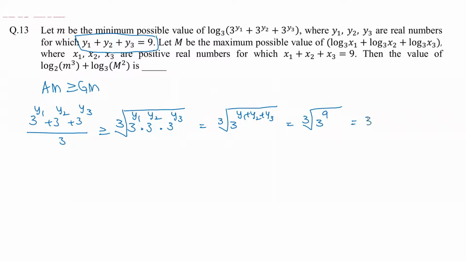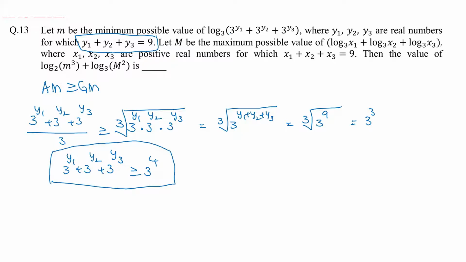So this is simply 3^3. Ultimately we got that 3^y1 + 3^y2 + 3^y3 is greater than or equal to 3^4. But in the question we have the logarithm, so we need to take log base 3.